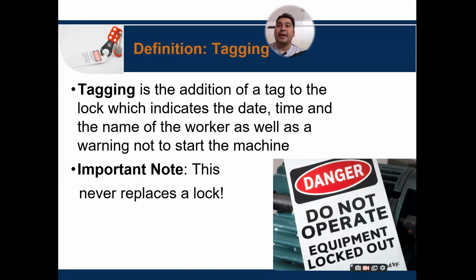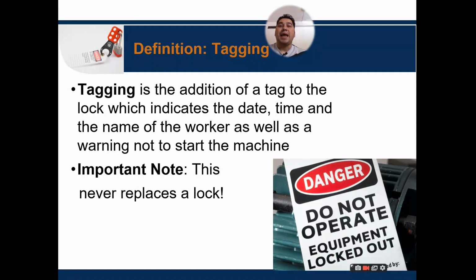Now the definition of tagging. Tagging is the addition of a tag to the lock which indicates the date, time, and the name of the worker, as well as a warning not to start the machine. Once you do the lock, you have to tag out also. Why do we need to put the tag?